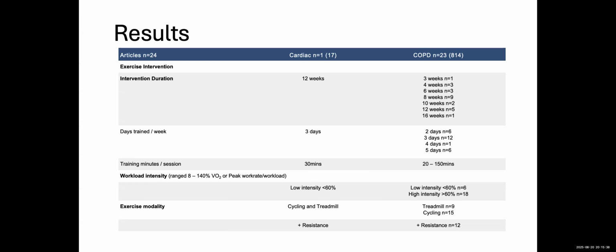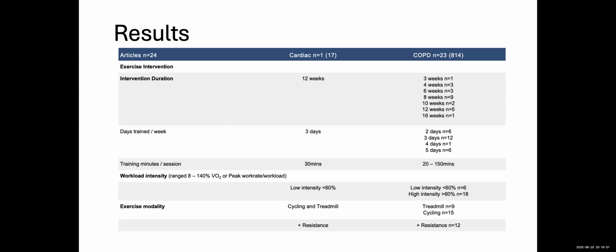So quite intensive, a little bit more than the common pulmonary or cardiac rehab of your 2 days over your 8 weeks. The time of training also changed significantly. Some were as low as 20 minutes and some were up around 2.5 hours per session.